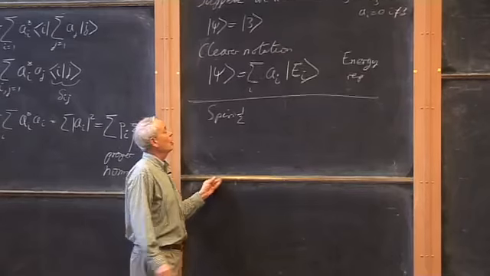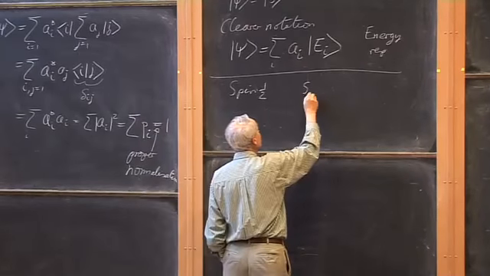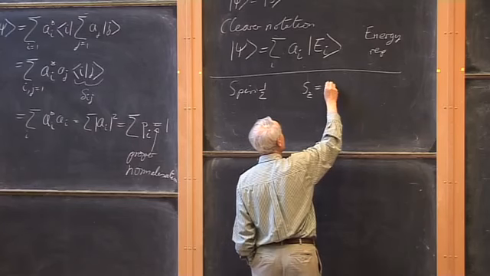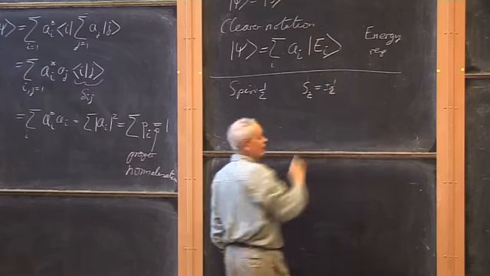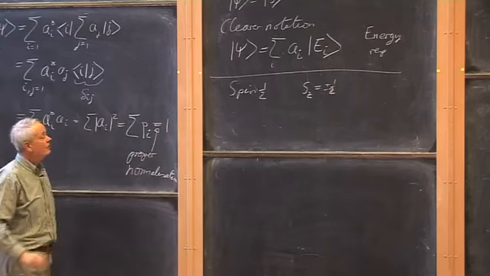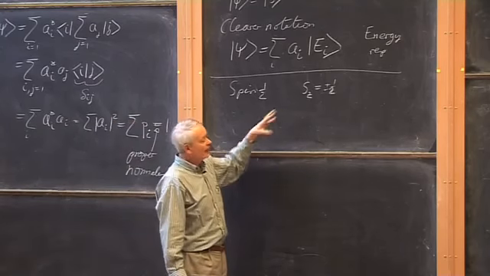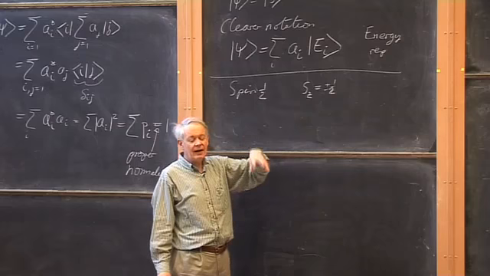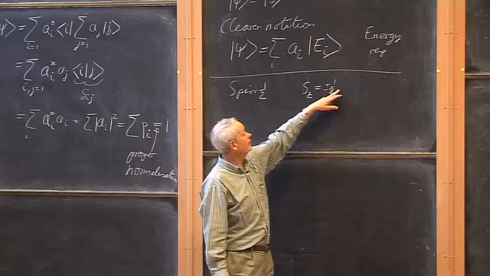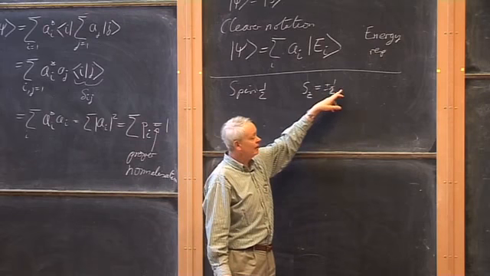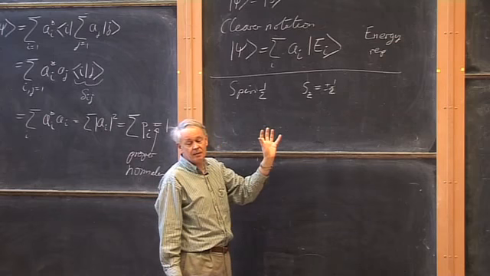But a complete set for S, so if we measure the spin along the z-axis, and I'm going to say that this is now plus or minus a half. Now, yesterday I had an h-bar here in some sense. I was using a slightly different notation, but I had an h-bar there. h-bar has dimensions of angular momentum. So what this means is that if Sz is plus a half, that means the angular momentum in the z direction is plus a half h-bar.